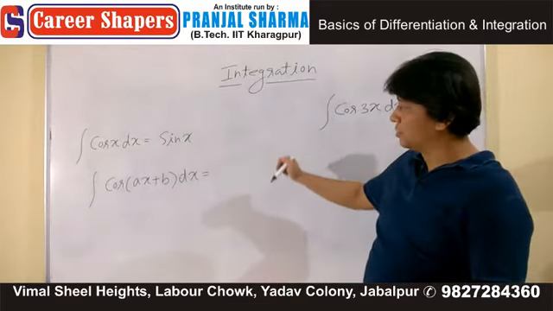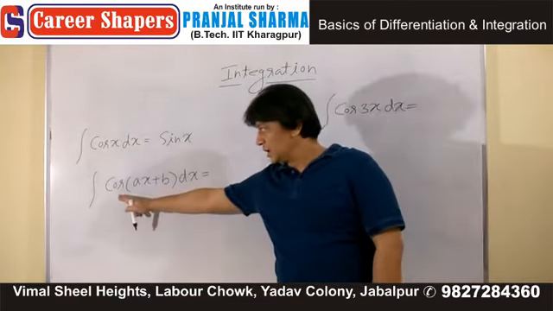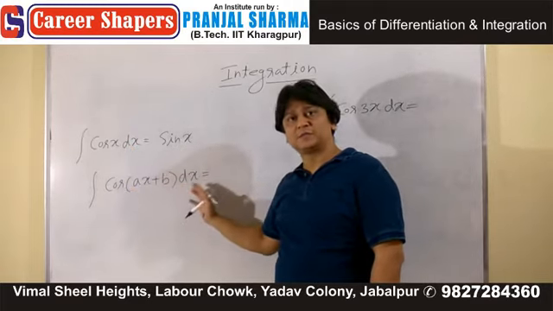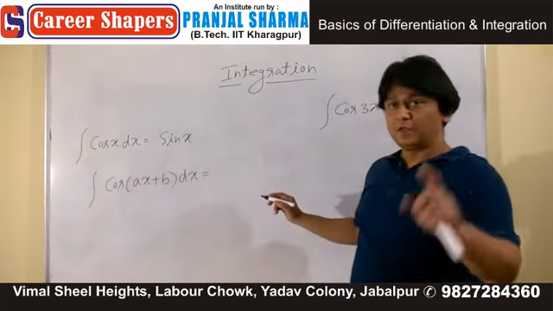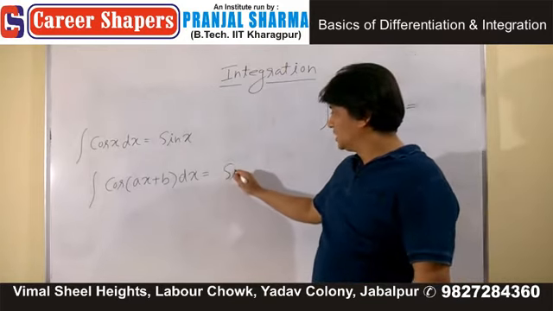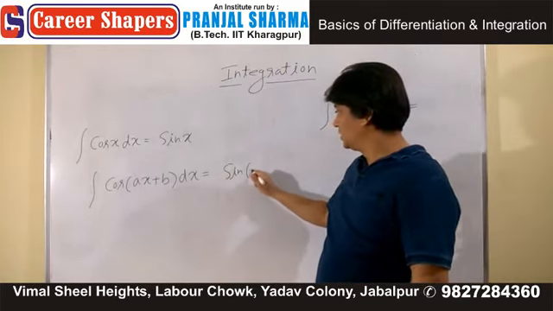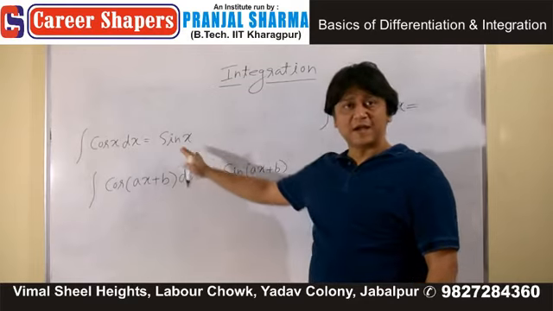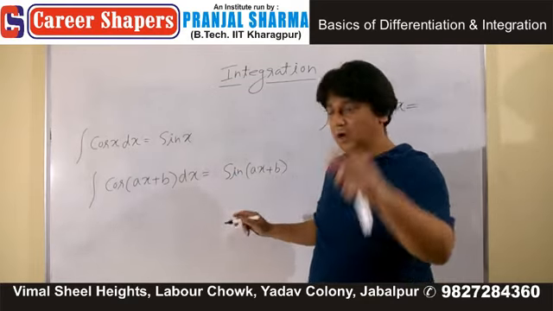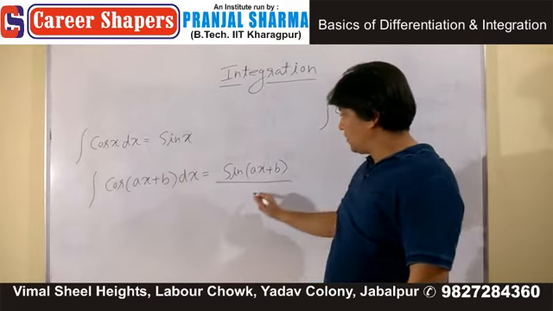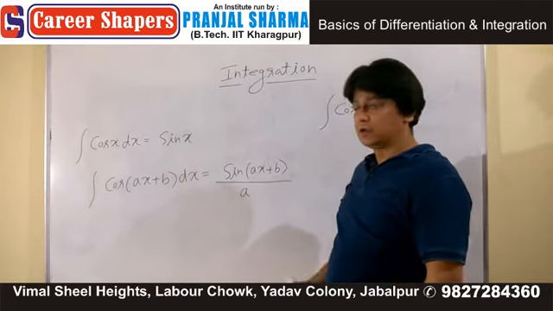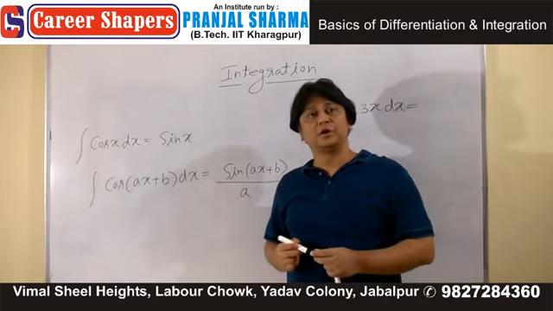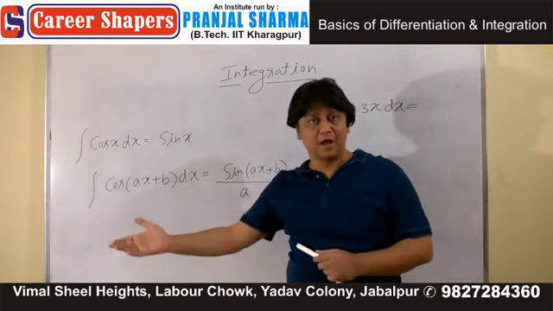Take proper notes. If instead of cos x they give you cos of ax plus b, then integration is sine of ax plus b, standard integration, but you need to divide the whole thing by the coefficient of x. In differentiation, we multiply.